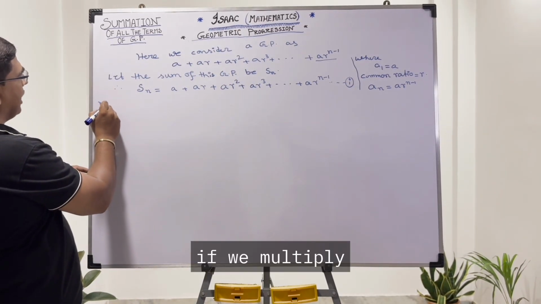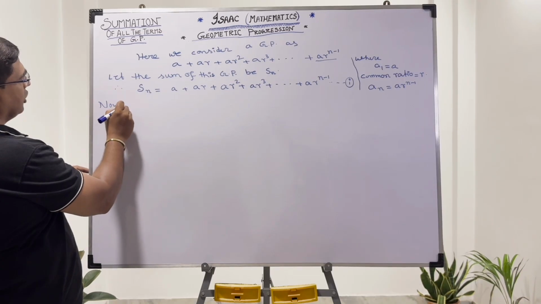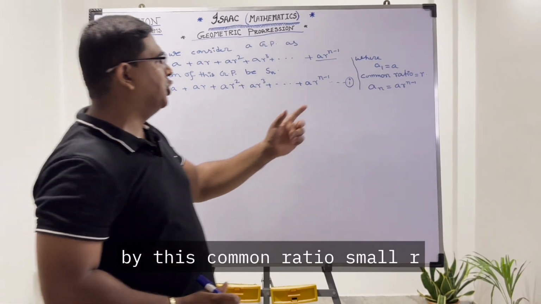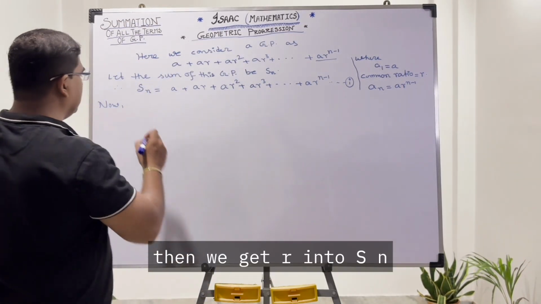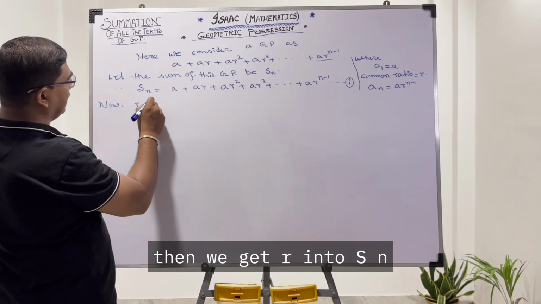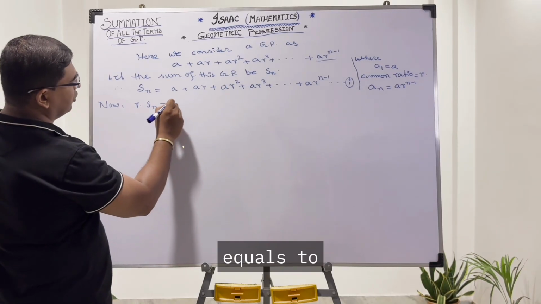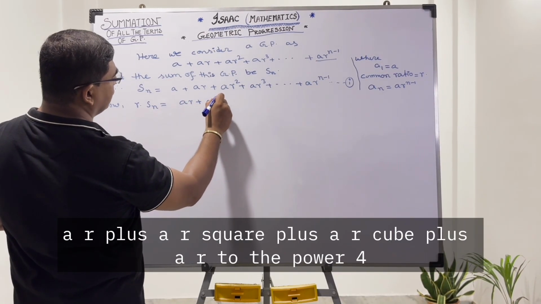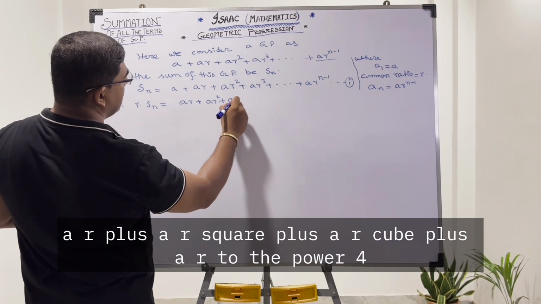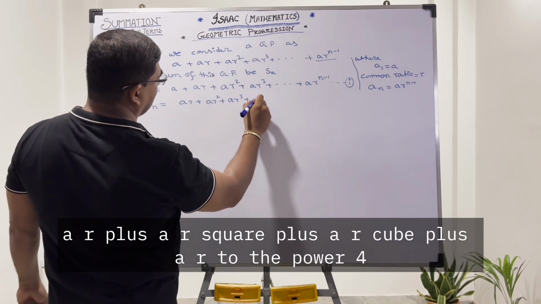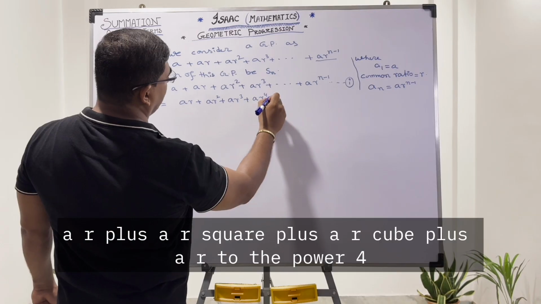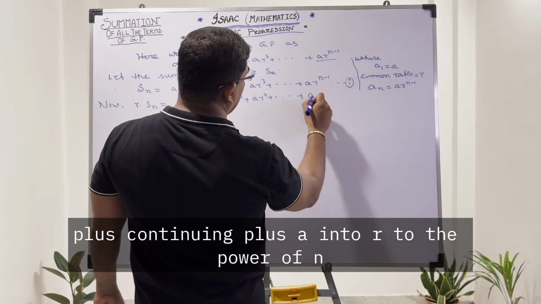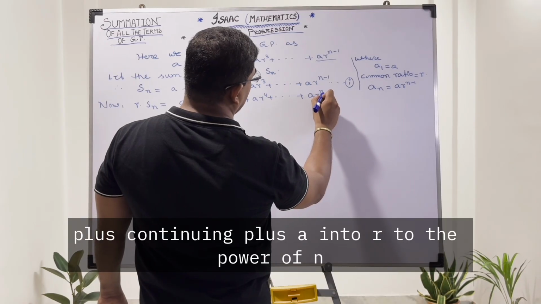Now if we multiply both sides of this by this common ratio small r, then we get R into Sn equals AR plus AR squared plus AR cube plus AR to the power 4 plus continuing plus A into R to the power of n.